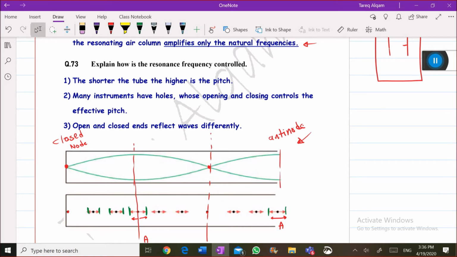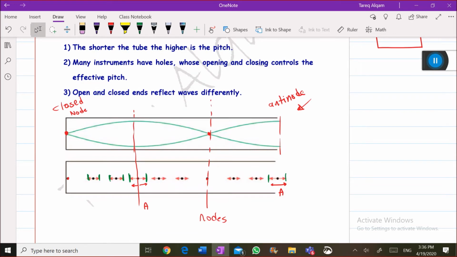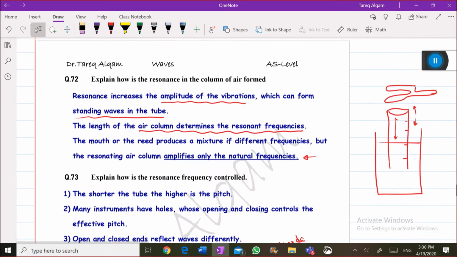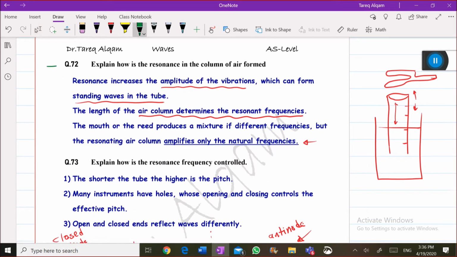If I look here, we can also represent this using the following thing. Here, explain how the resonance in the column of air is formed. We talked about this. We watched a video about this, guys.